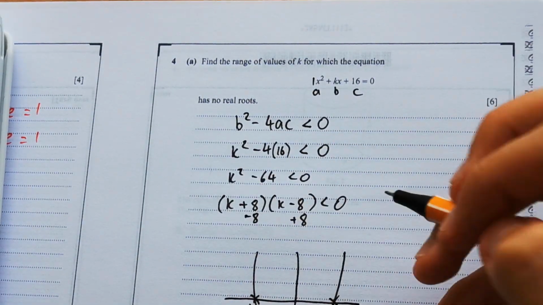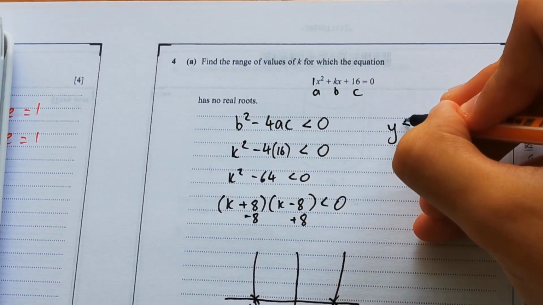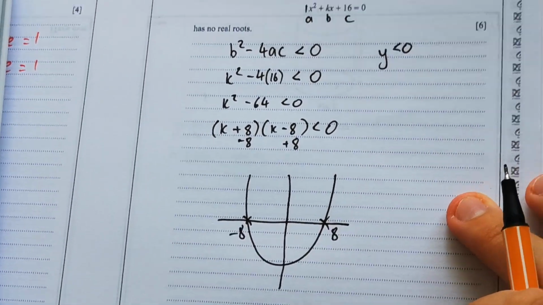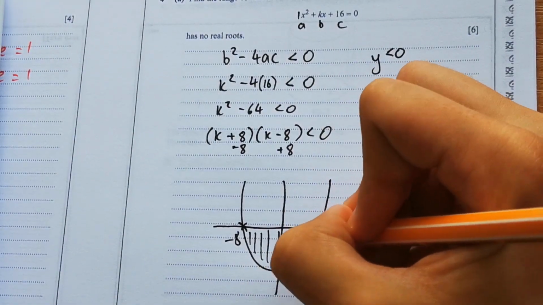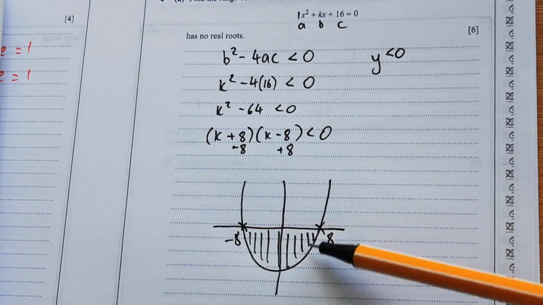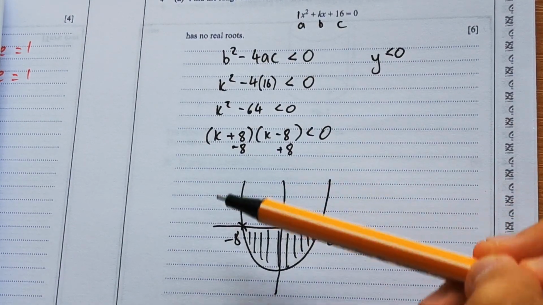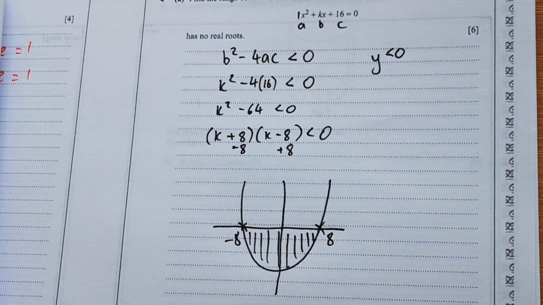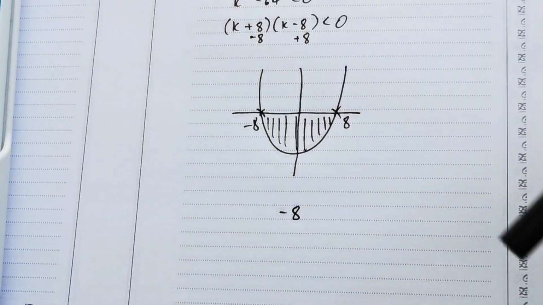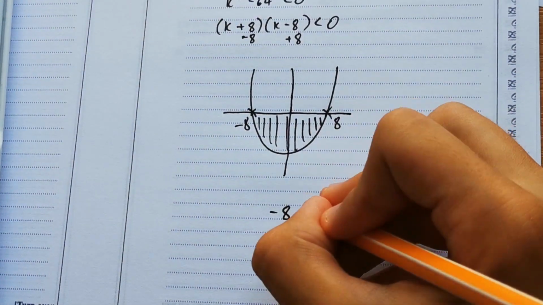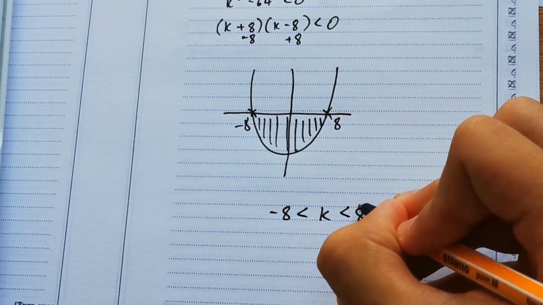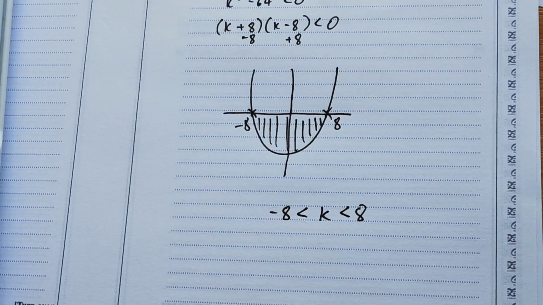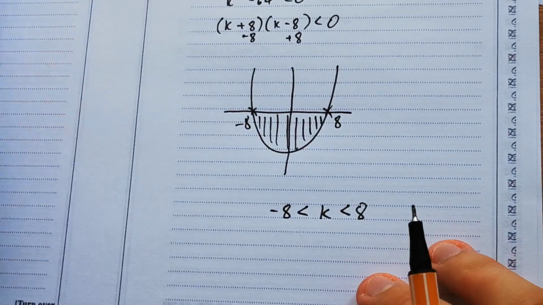Say y is less than 0. So we want this part of the graph. y is less than 0 in here, because inside the curve, the curve is under 0 in that part. So our solution is minus 8 is less than k, which is less than positive 8. And that is your answer. That is the range of values for k.